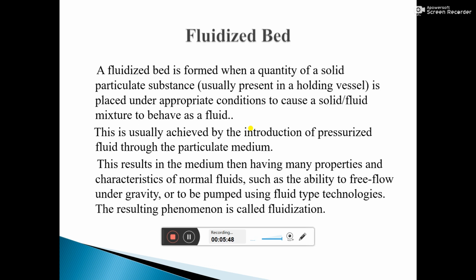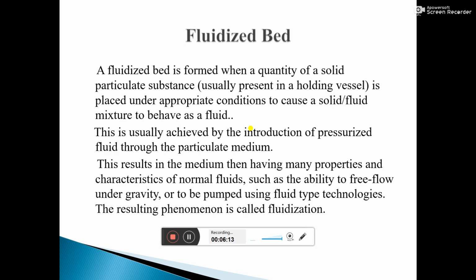Now, up to this point, we have discussed how fluidization works, and we just touched on how a fluidized bed works. We shall look into the topic in detail here.